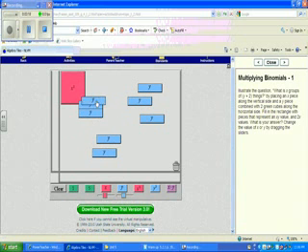Count 8 of those rectangles out. You decide which color is representing positive and which is representing negative. Your choice.